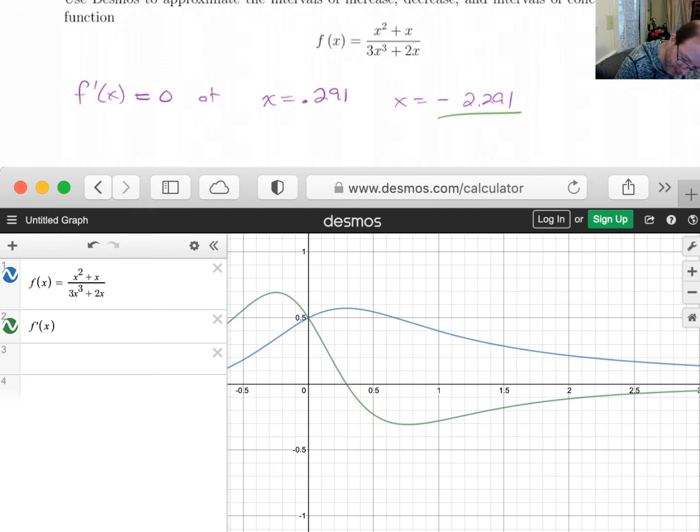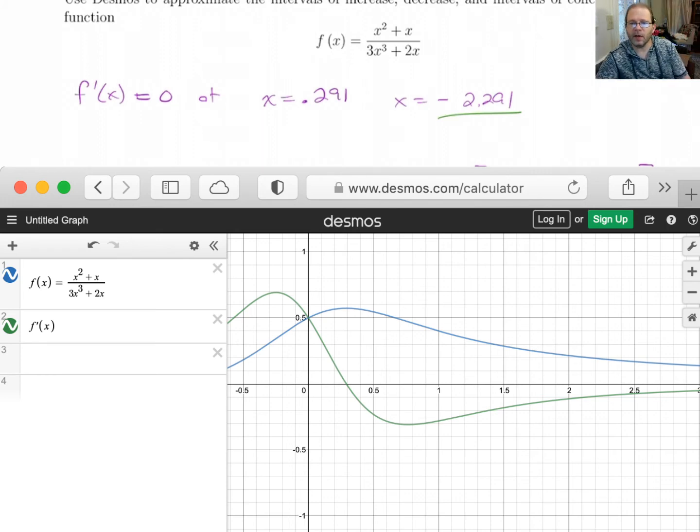So we'd say it's increasing on negative 2.291 to 0.291, and I would use brackets there. And it's decreasing on negative infinity to negative 2.291, and from 0.291 to infinity.